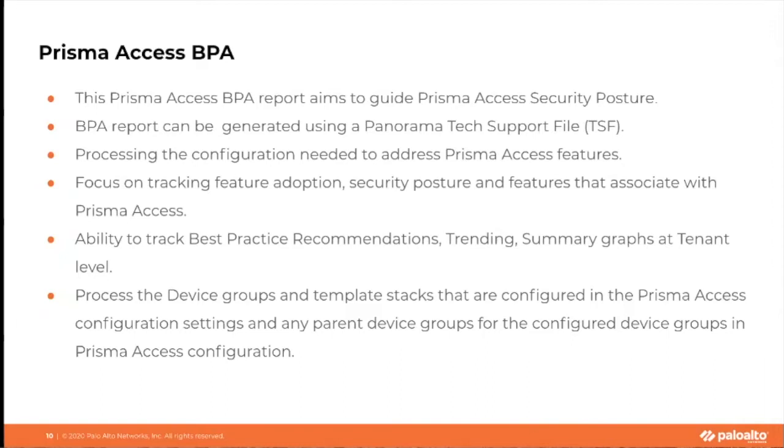A report can be generated using the Panorama tech support file, and it processes the configuration needed to address Prisma Access features. It focuses on tracking features, the adoption, security posture, and features that are associated with Prisma Access.